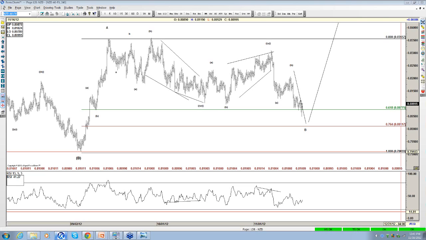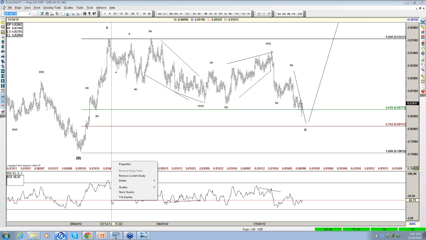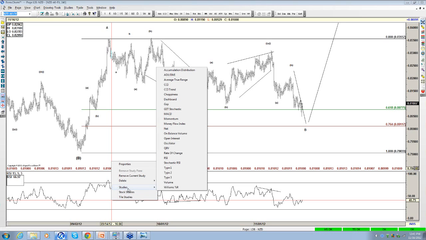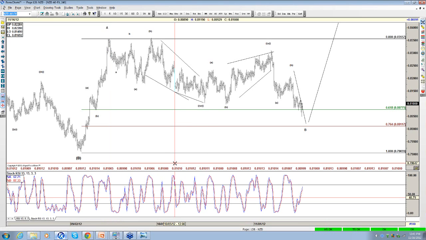Okay, another one. With the relation to the stochastic RSI, could you briefly go over the counting of the cycle expression with the snake things oversold? Okay, that's perfect. Let me explain to you. Let me look at New Zealand here.